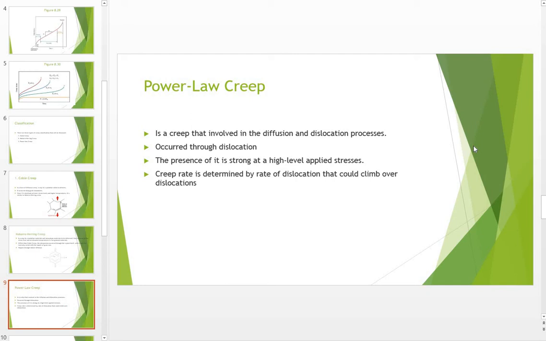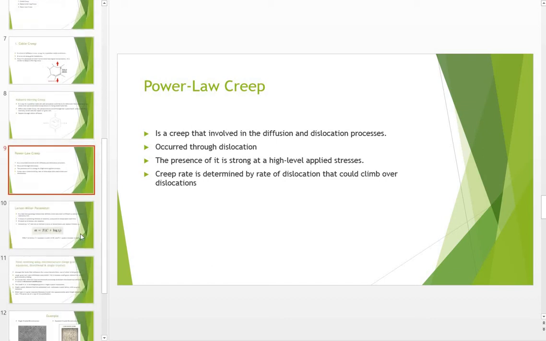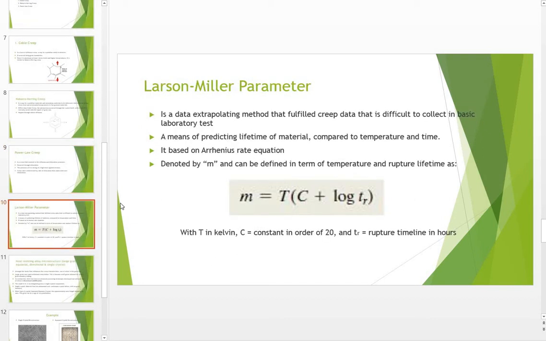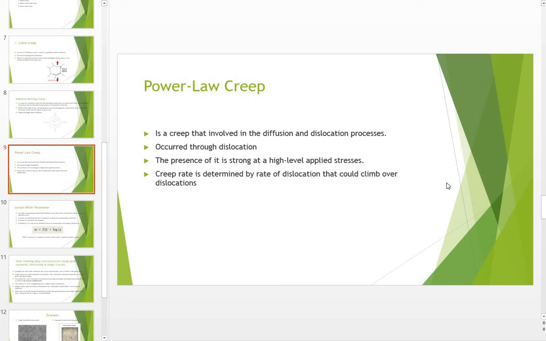The difference between this classification and the other two that we previously talked about is that this one is very present at high applied stress, and its creep strain rate is very influenced by the rate of dislocation motion. And because of it, this creep happens through dislocation.